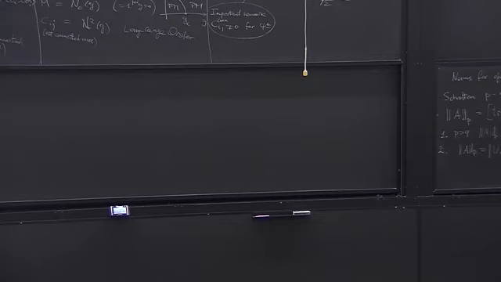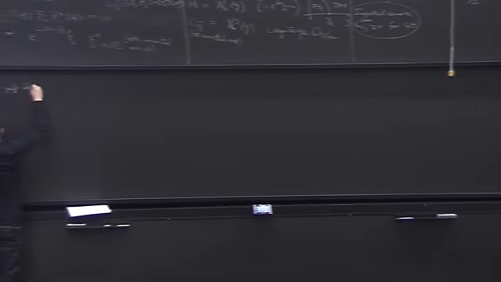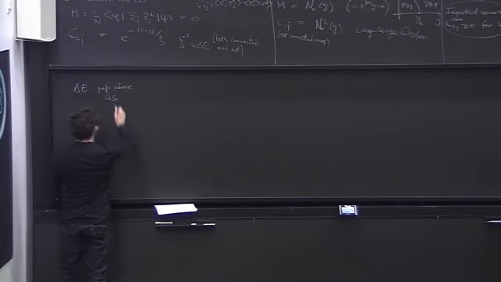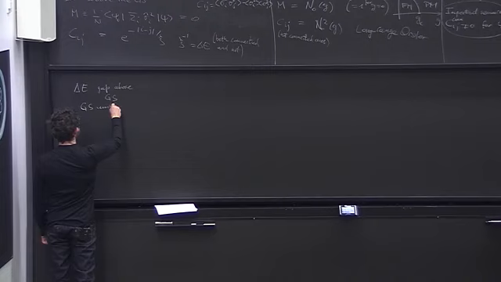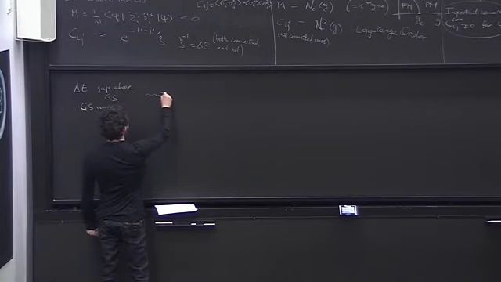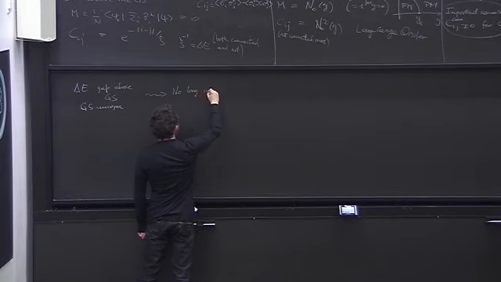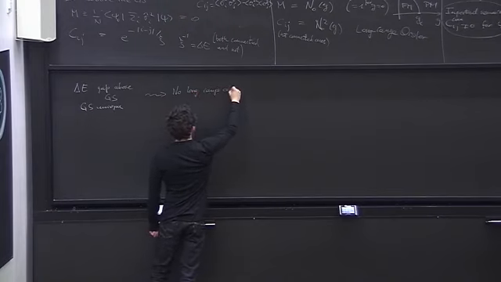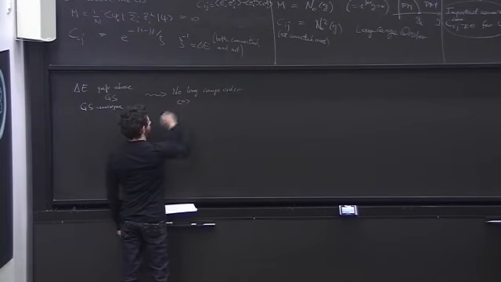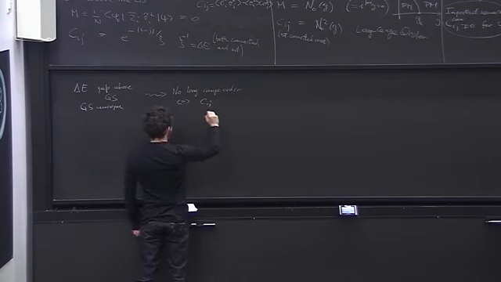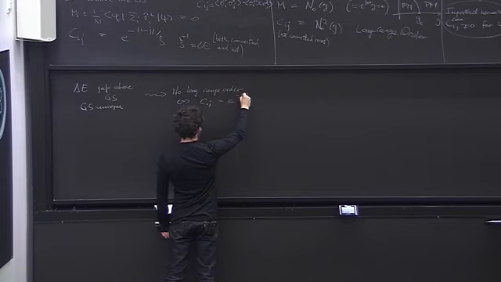So what we are trying to say is the following: if we have a gap above the ground state, and the ground state is unique, it seems that there is no long-range order. The connected correlation functions decay exponentially.